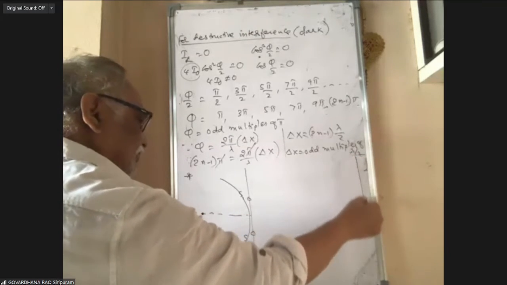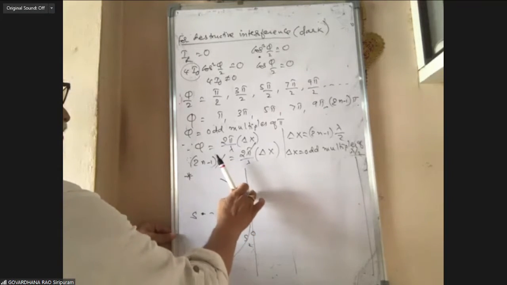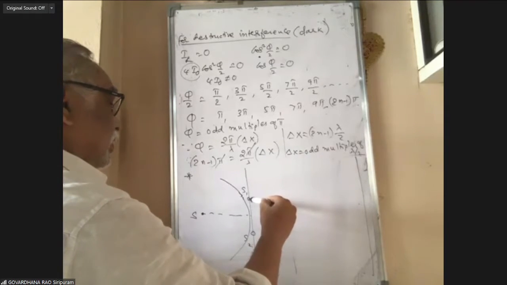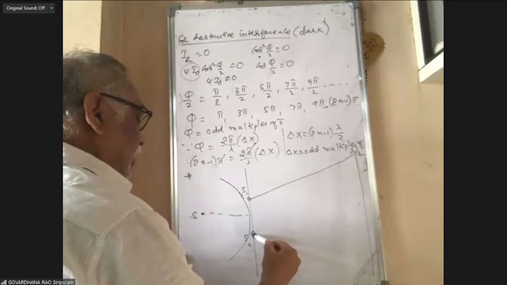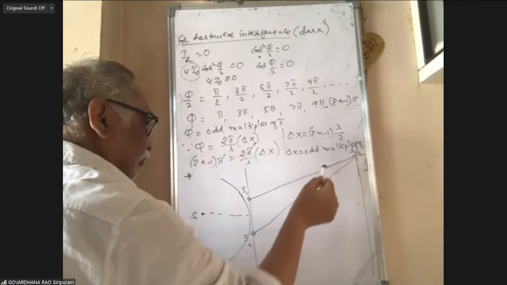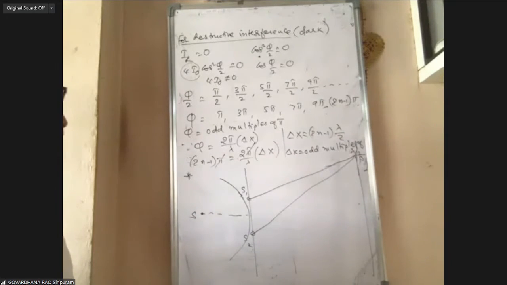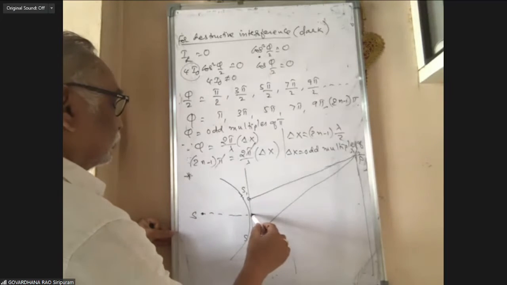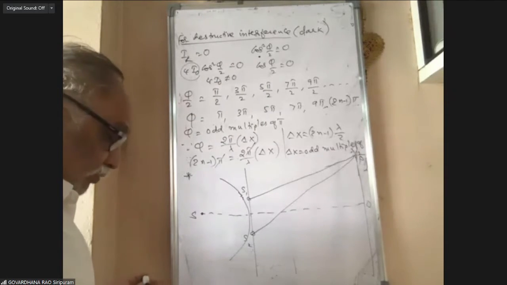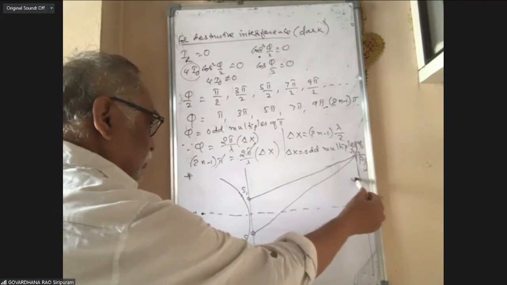And this is the screen. The light wave coming from S1 and the light wave coming from S2 are both combined here at the point P. This is the center.